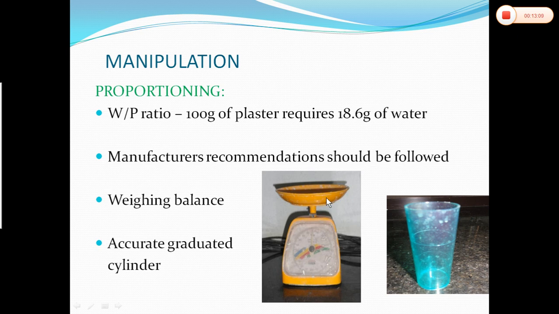Then you measure the powder on a weighing machine. Don't measure by scoop, because in a scoop sometimes air will be incorporated, so we cannot get the same amount of powder every time. So always weigh the powder in grams, and take water in ml.